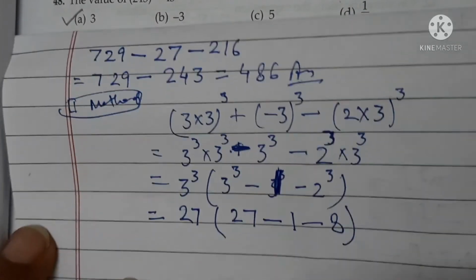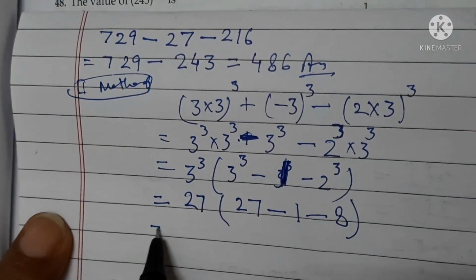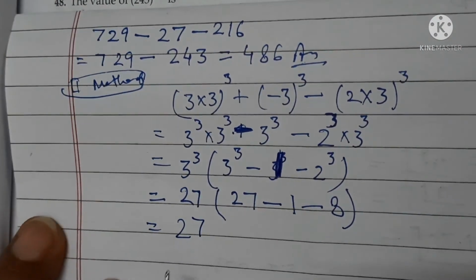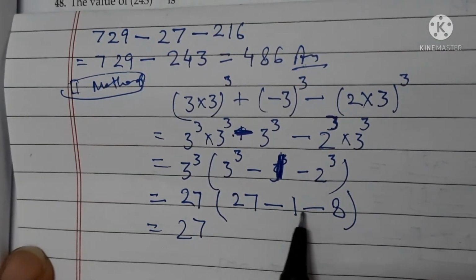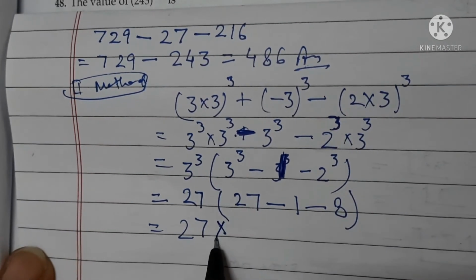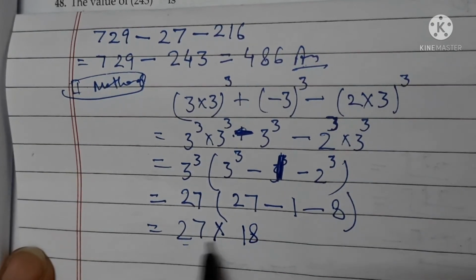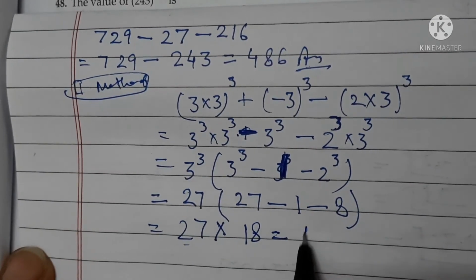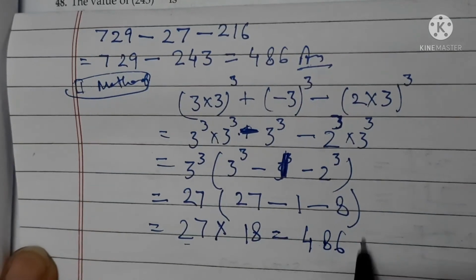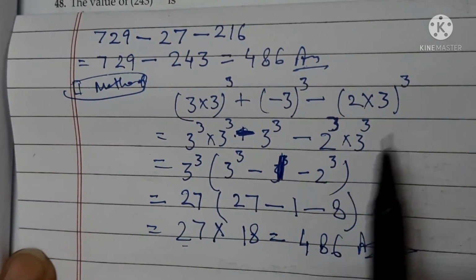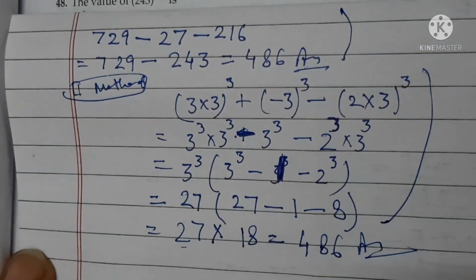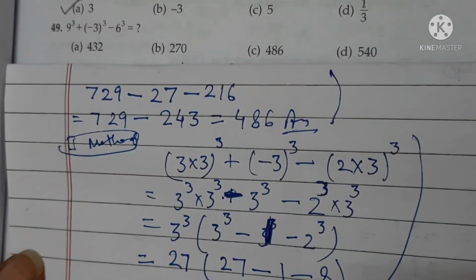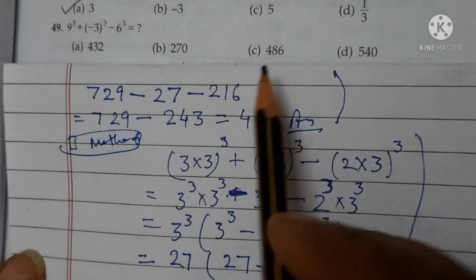So you will get 27 into 27 minus 8 minus 1, minus 9, subtract, you will get 18. Multiply these two numbers, you will get 486 answer. Any method you will use, this one or this one. Our option C is correct.